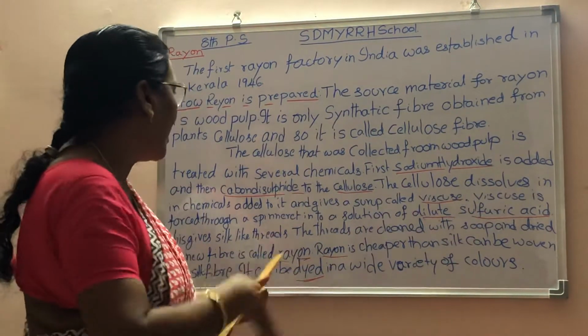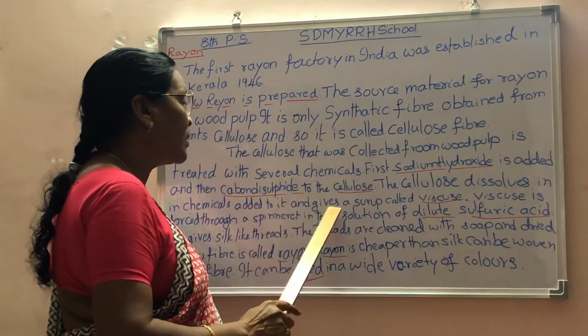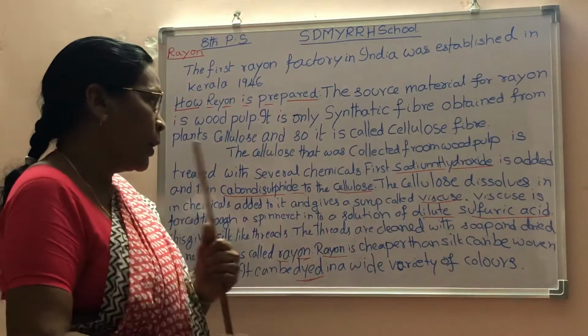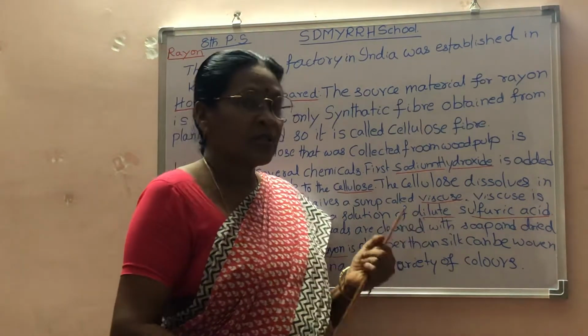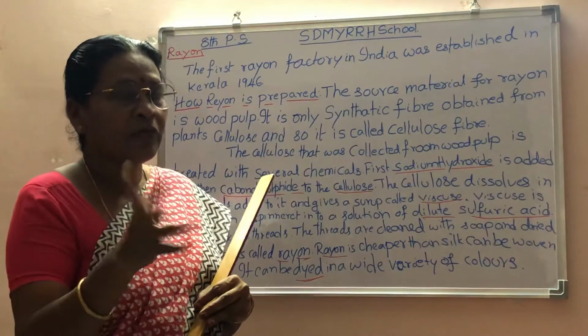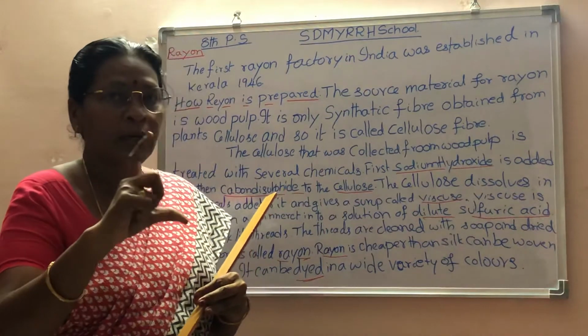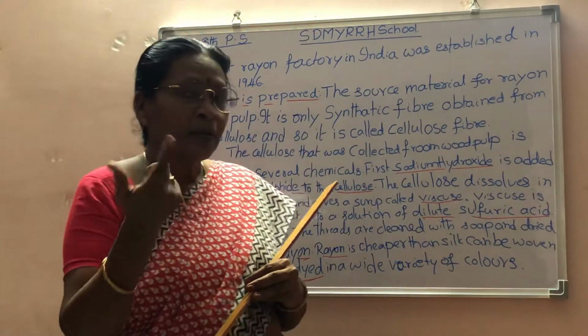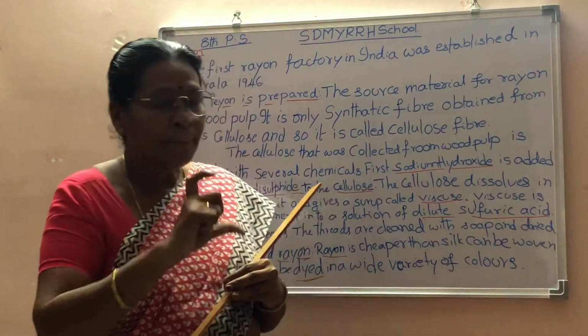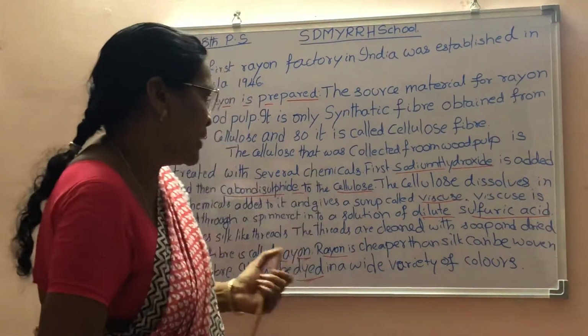It dissolves in the chemicals added to it and gives a syrup called viscose. Syrup means some liquid, but not a full liquid. Not like water, and not like paste. In between, the medium material is syrup.